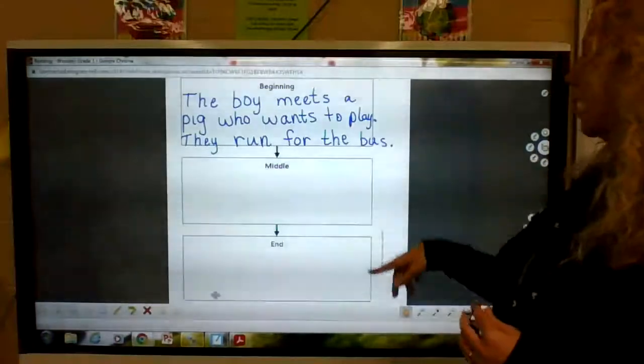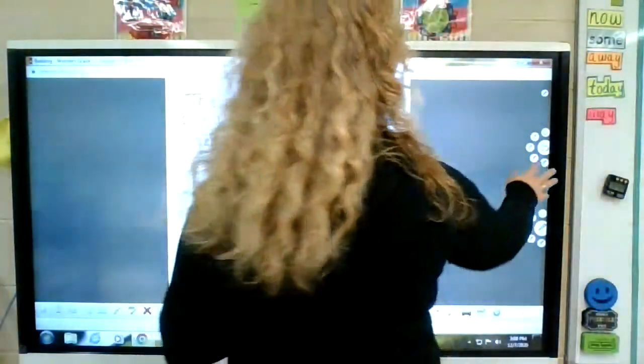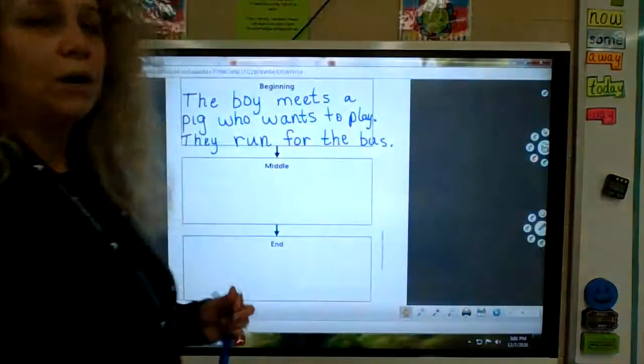So the pig gets on. Okay, so let's get that part written for the middle.